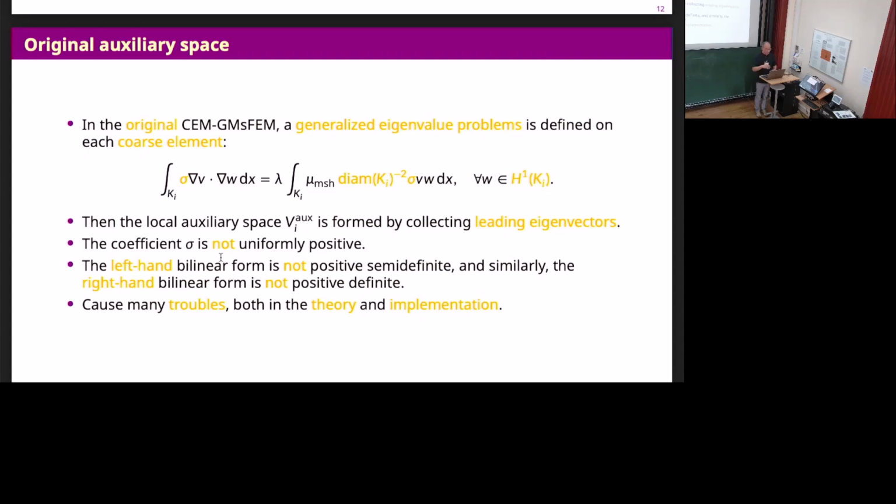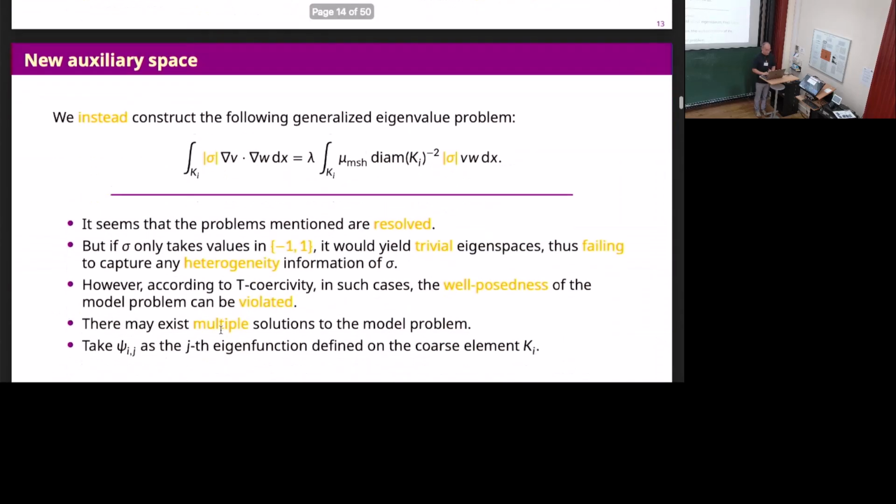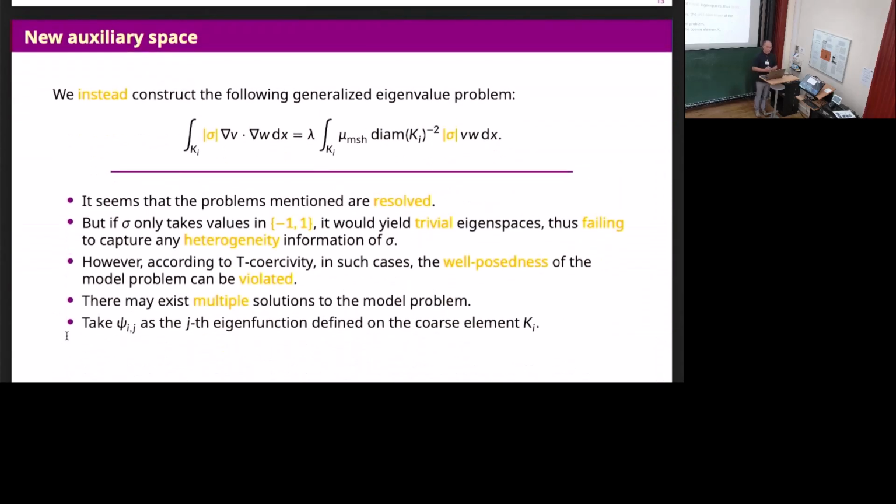But then for this problem that we consider, the coefficient sigma is not uniformly positive, which means that this problem may have some trouble, and we need to modify the construction. So that's why we consider this new way to define the eigenvalue problem. As you can see here, we put the absolute value on both the left-hand side and the right-hand side.